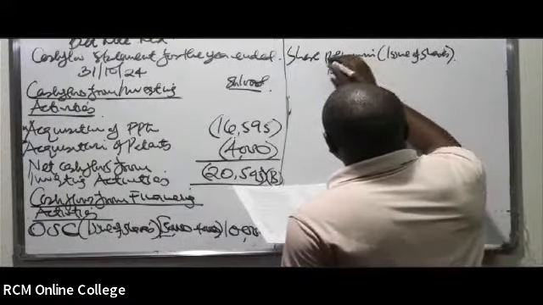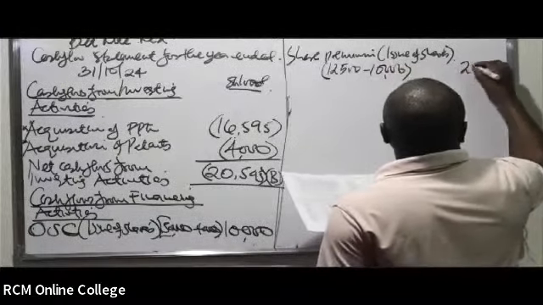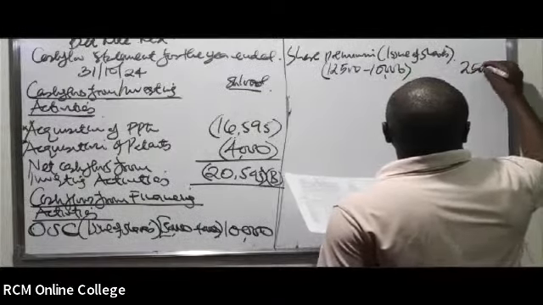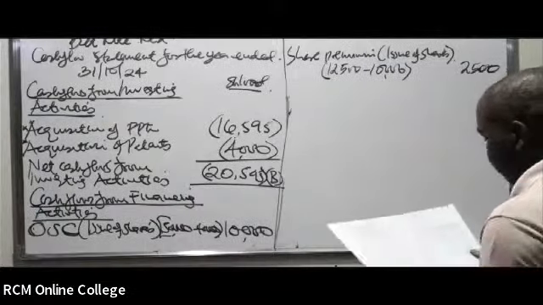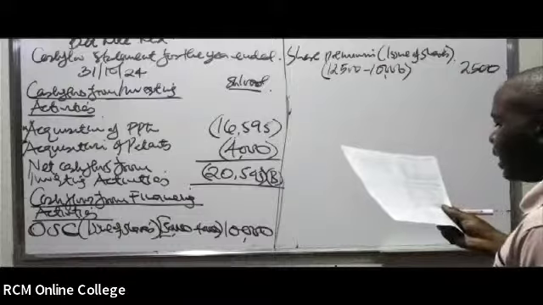So 12,500 minus 10, they got an extra amount in share premium of 2.5 million.